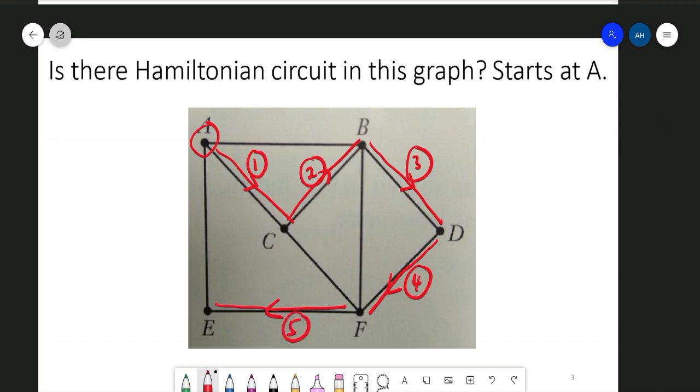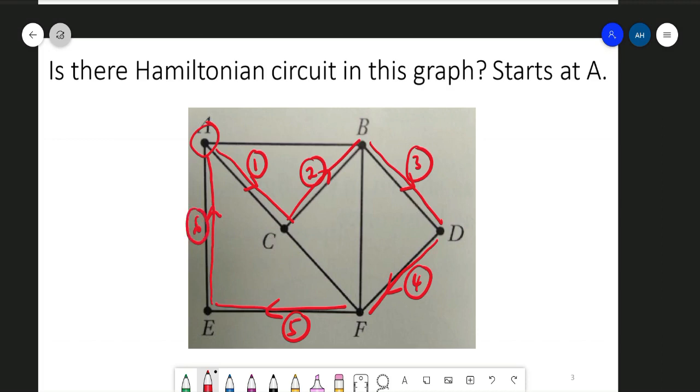Now from E, we already visited all the vertices: C, B, D, F are also done. Now from E we have to return to the original vertex, that is A. So this one is path number 6.